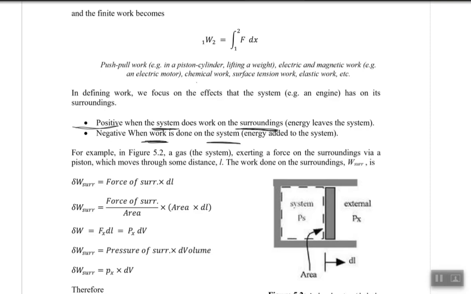You might use different thermodynamics books, different chemistry books, and the sign convention might be different in different books. For example, in your chemistry book, work is defined as positive when work is done on a system by the surroundings. In chemistry, in that case, it is energy added to the system.